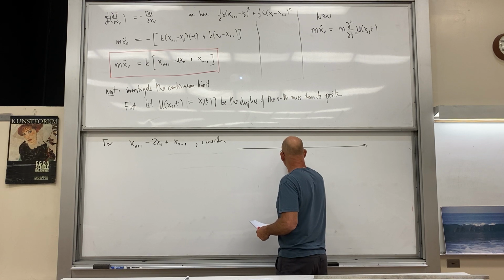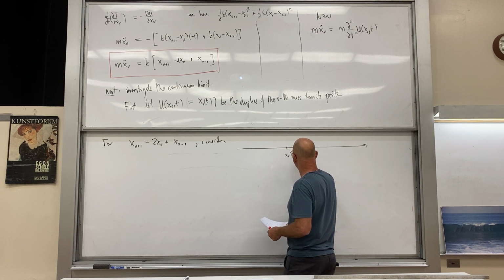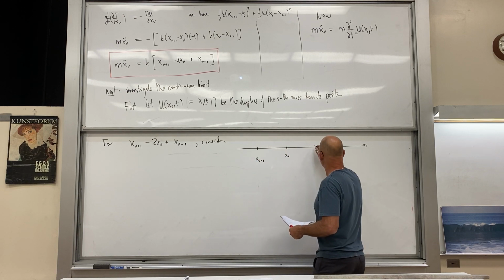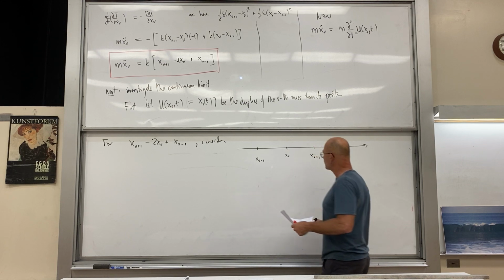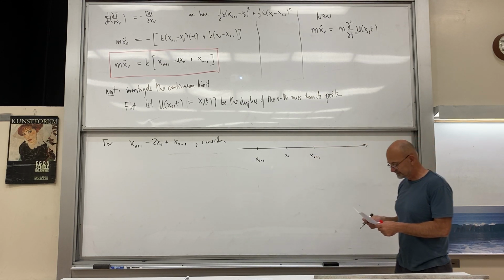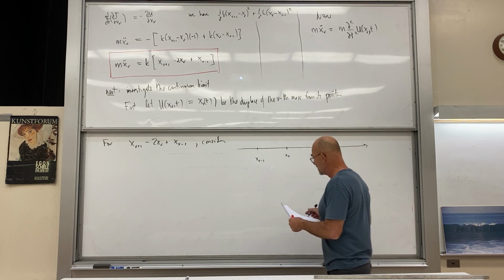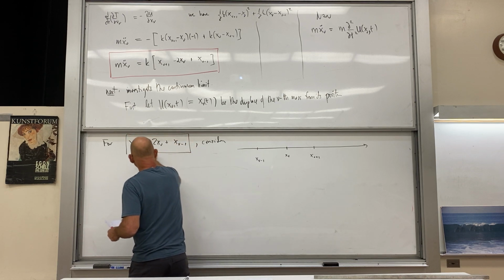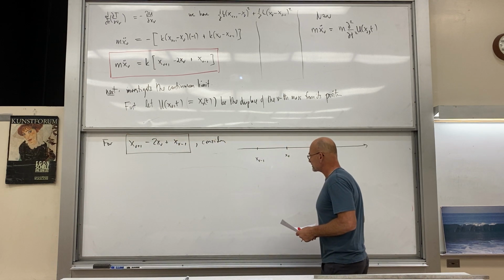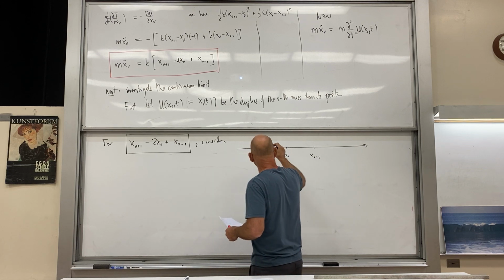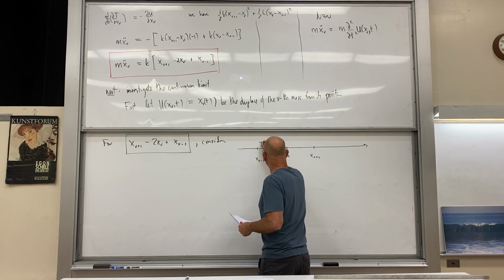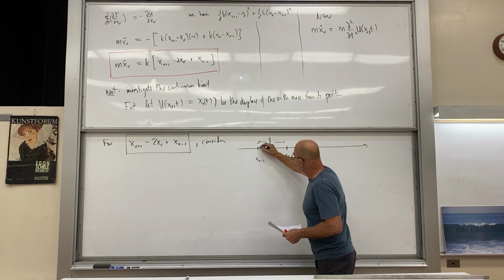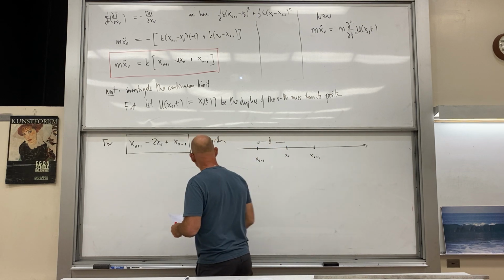So this is x sub nu minus 1, x sub nu, x sub nu plus 1. Those are those positions along the number line. And this is the object that we're analyzing. So this needs a separation distance L. So we now have separation distance L between each of these, and we can interpret this as a difference quotient in the following way.